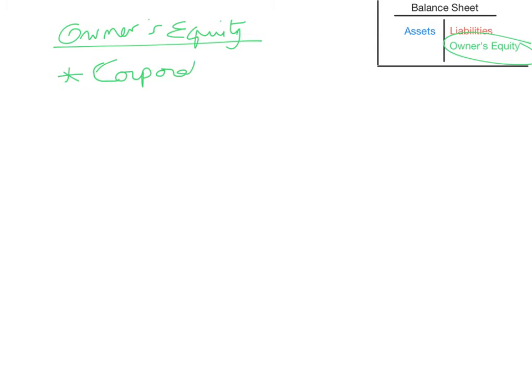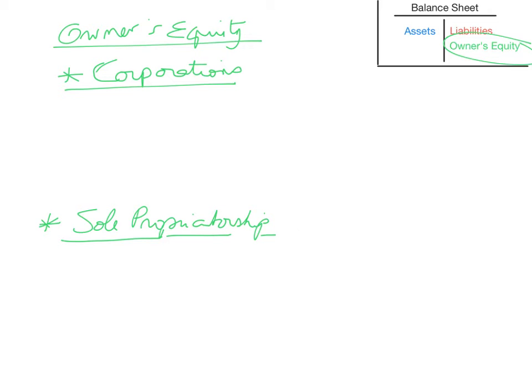Corporations, which are legal entities separate from the owners, where the owners are not personally responsible for the debts of the business. Sole proprietorships are typical of small businesses, where the owner is usually the manager, and in a sole proprietorship, the owner is personally responsible for the debts of the business, even though the assets of the owner are not listed in the balance sheet or in the financial statements of the business.